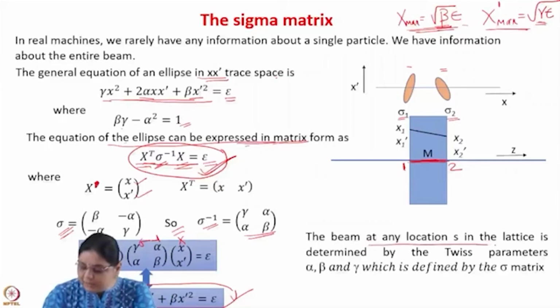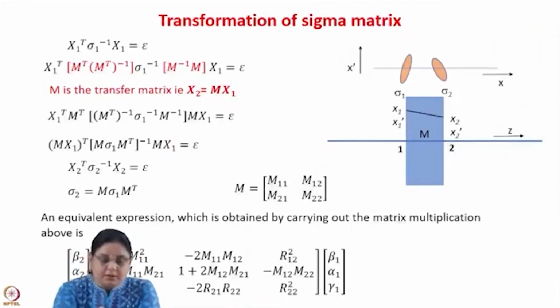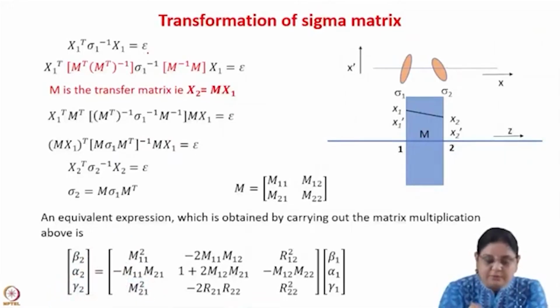So the beam at any location s in the lattice is determined by the twiss parameters alpha, beta, gamma, which are defined by the sigma matrix. At location 1, the equation of the ellipse is x1 transpose sigma 1 inverse x1 is equal to epsilon.